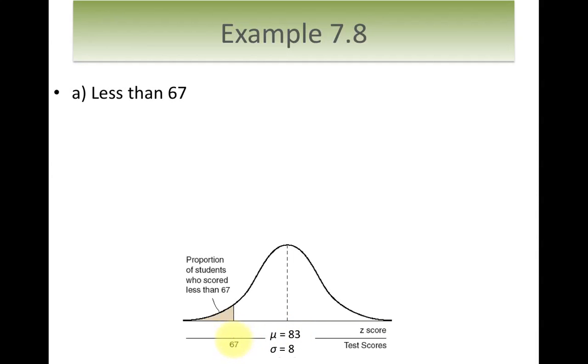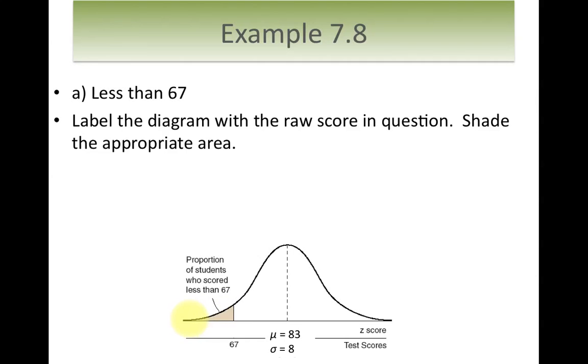So we're going to label 67 on the horizontal axis, and we're going to shade all the area to the left of 67. This is the proportion of area of students who scored less than 67. That's not the number of students, that's the proportion of students. So we have to recognize the difference. We start by finding the proportion of students.